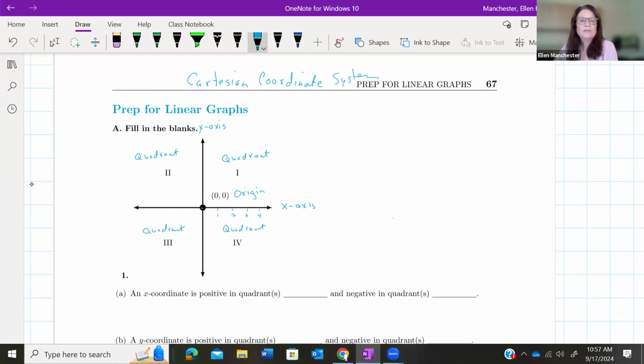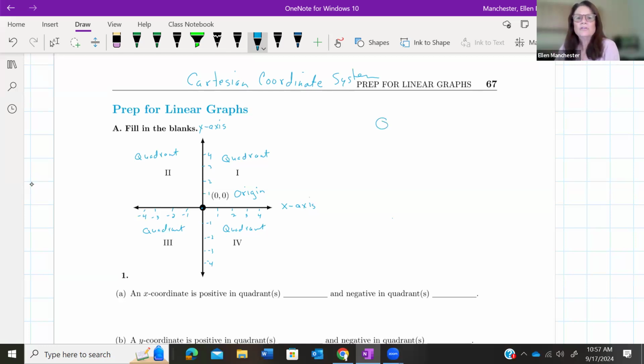To the left, just like a number line, is negative. And then on the vertical line, the y-axis, the positive is going up, and the negative is going down. So the Cartesian coordinate system is set up that way every single time.